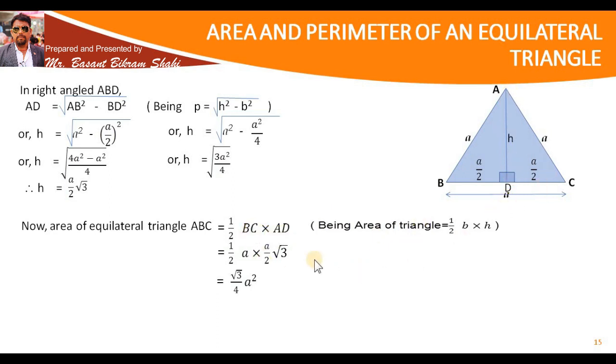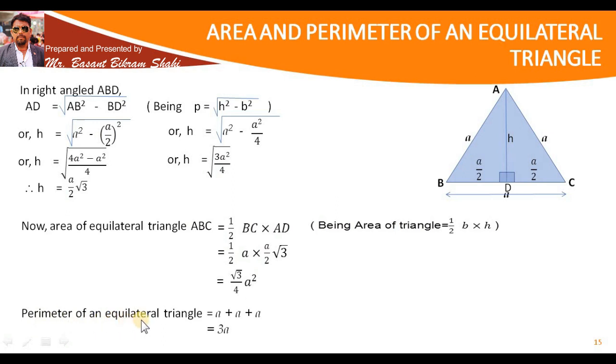BC is A and AD is the height that we have already obtained as A by 2 root 3. A into A is A square, 2 into 2 is 4, and root 3 is root 3. Therefore area of equilateral triangle is root 3 by 4 A square.